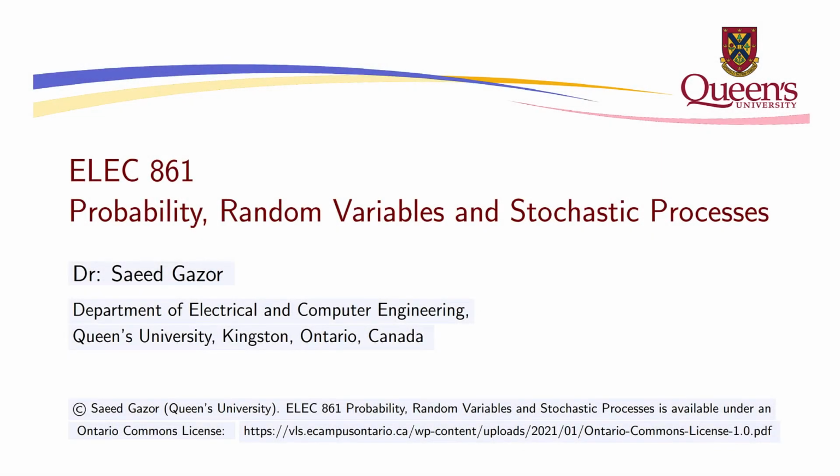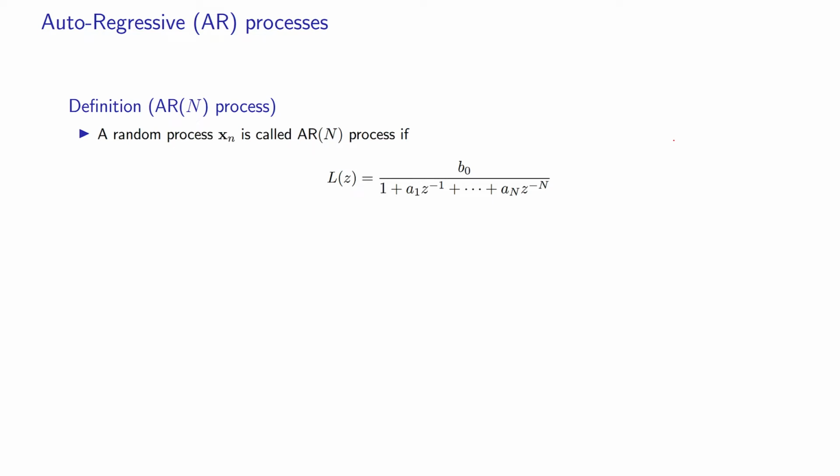So we have learned an ARMA process. An autoregressive random process is a simplified version of that, when the numerator of L of Z has no zeros, and your random process X of n can be created like that.